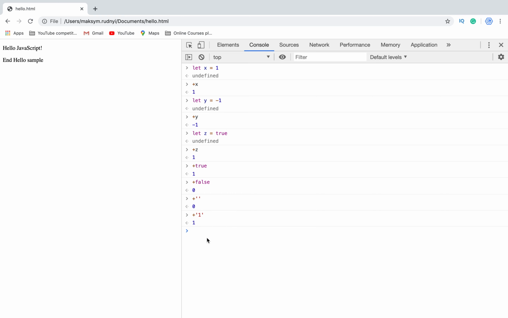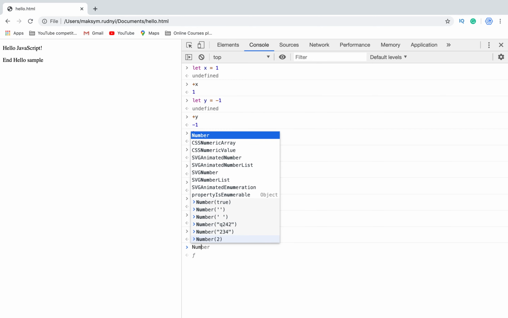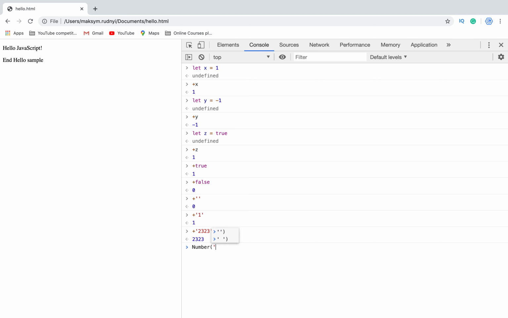So plus some string of number is the same as number. So we have the same result. So we can use wrapper Number, or we can just use plus. Usually I very often use this approach when we need to convert string to number. You can put just plus and it works great.